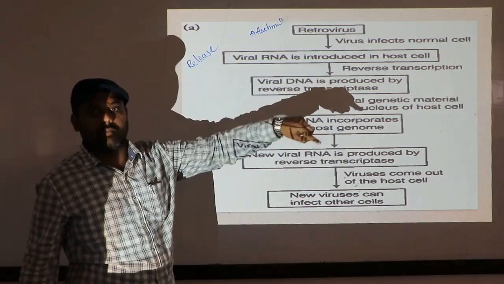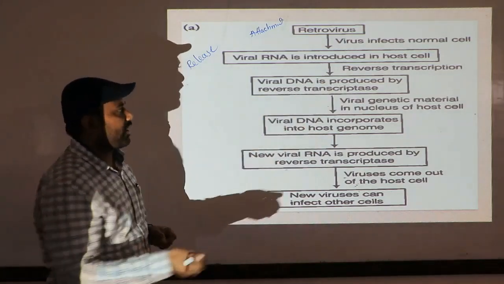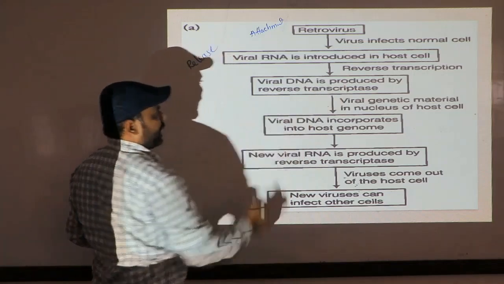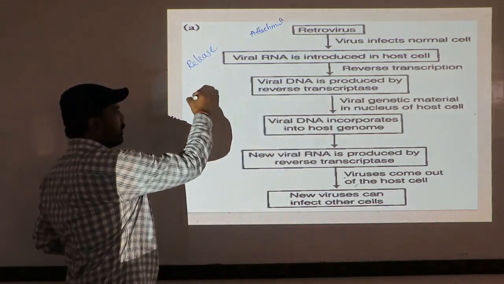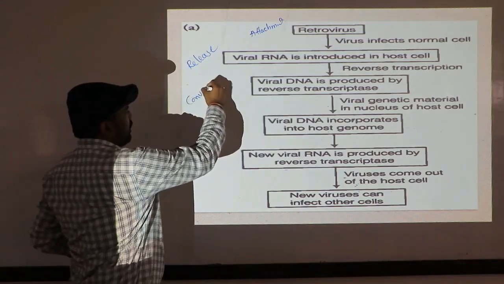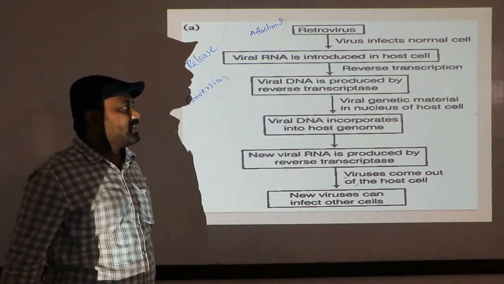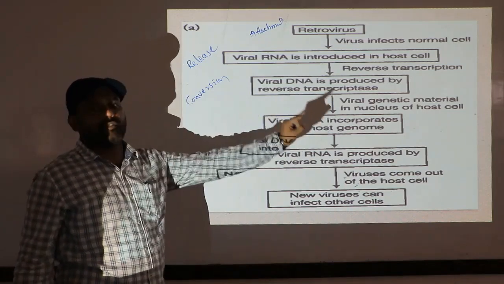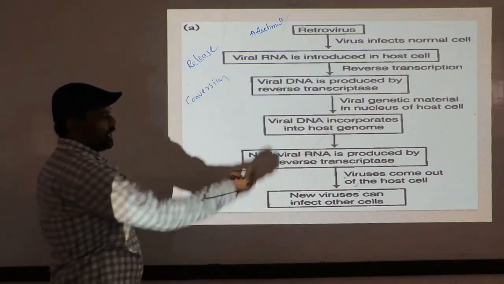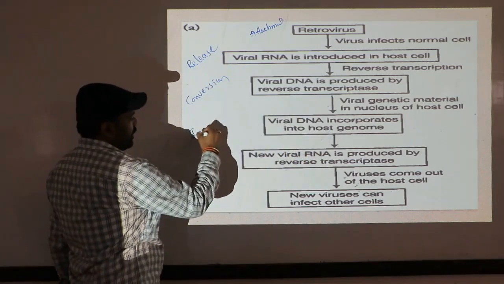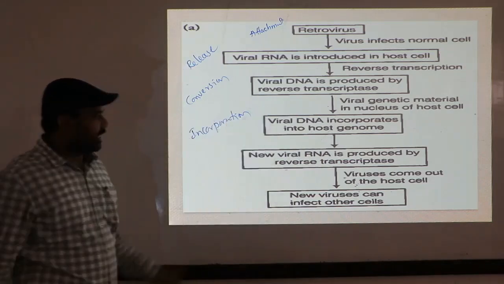Reverse transcription means single strand RNA is converted into double stranded DNA, called viral DNA, produced by the reverse transcriptase, called conversion, isn't it? Then viral genetic material in the nucleus of the host. So viral DNA incorporates into the host genome, called incorporation. Step called incorporation.